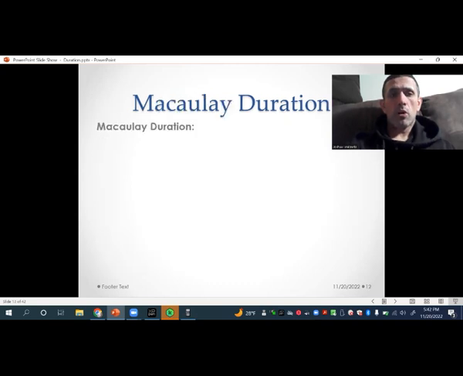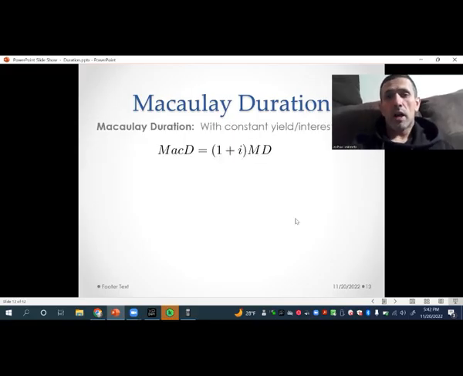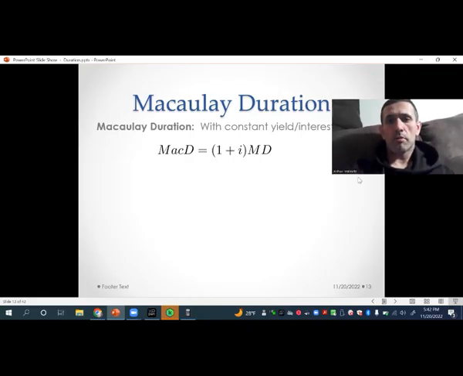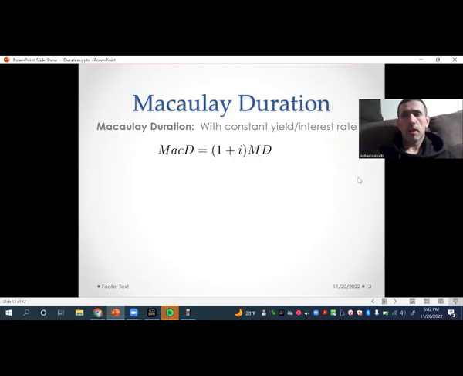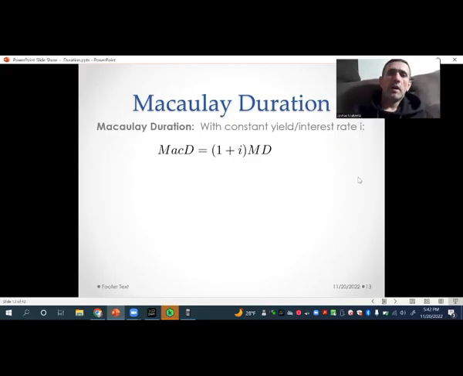Okay. So Macaulay duration for our purposes right now is simply 1 plus I times modified duration. So I'll make a separate video on how to interpret Macaulay duration as a sort of average time that the bulk of the present value of an annuity occurs at.